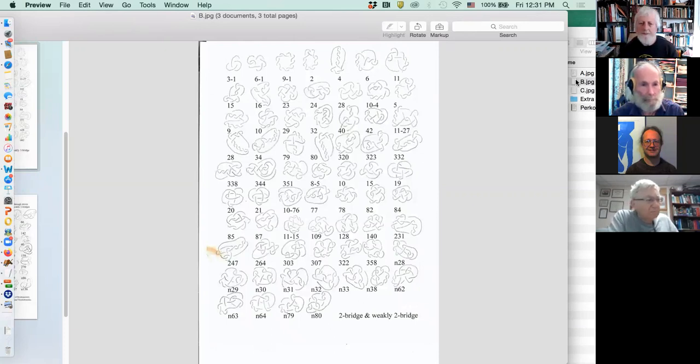For the 2-bridged examples, the 3-fold branched cyclic covering is always simply connected. For the weakly 2-bridged ones, Capell and Shaneson proved a long time ago that the branched 3-fold cyclic covering is always not a Z2 homology sphere, which means it has Z2 homology.